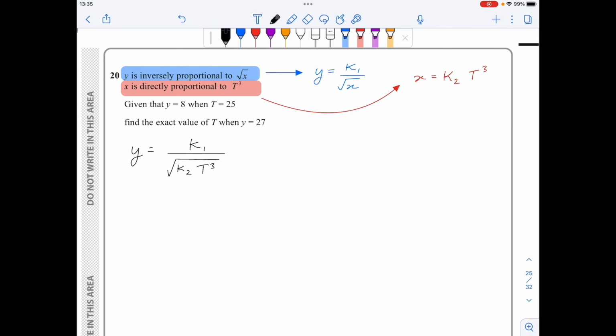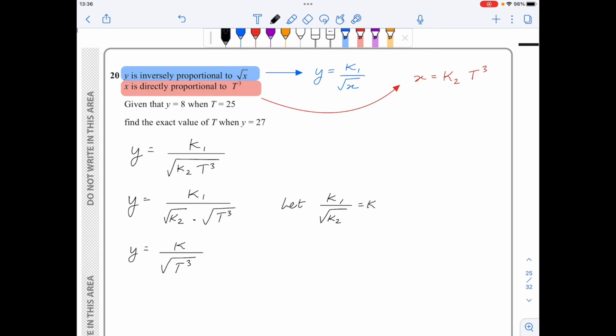I will split my denominator into 2. So y equals k1 over the square root of k2 times the square root of t to the power of 3. And I will consider this as a new constant. I will label this as k. So my equation now becomes y equals k over the square root of t to the power of 3.